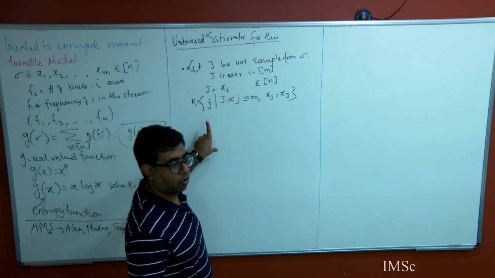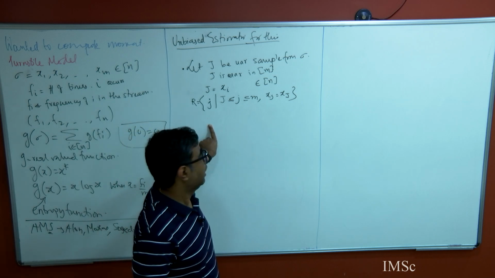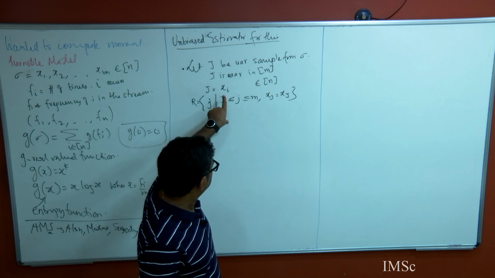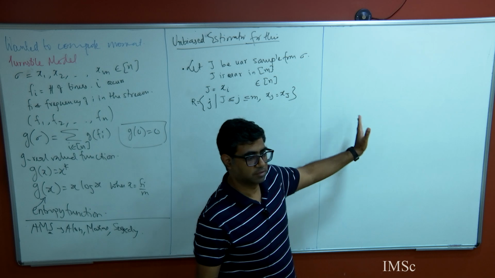It is all those indices where my current item occurs.